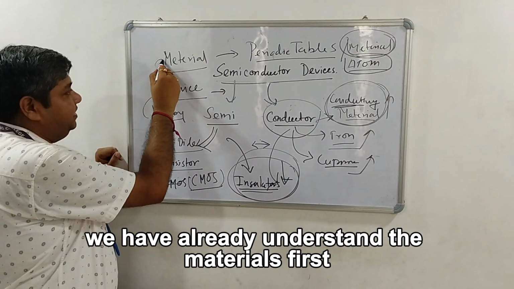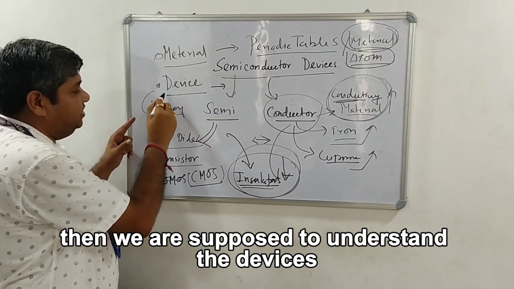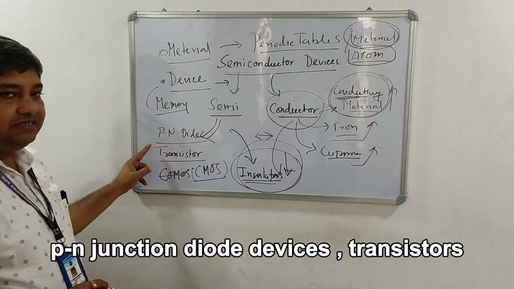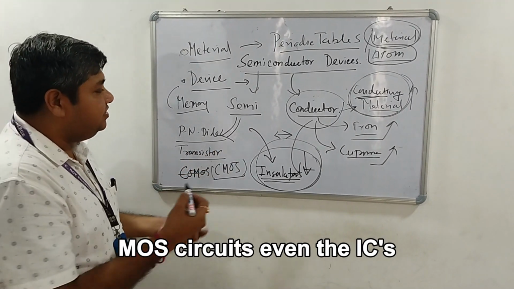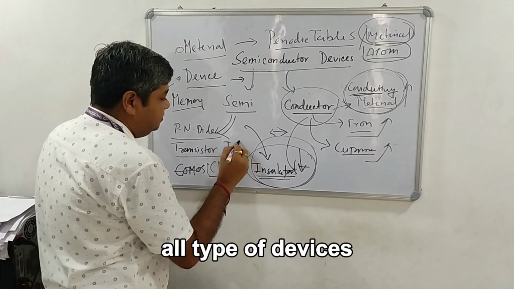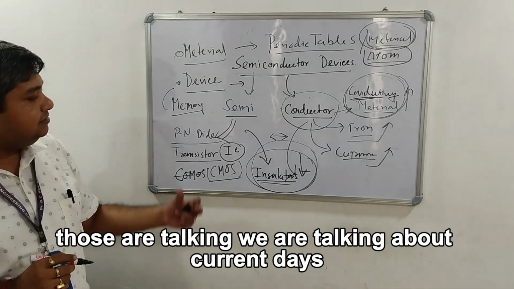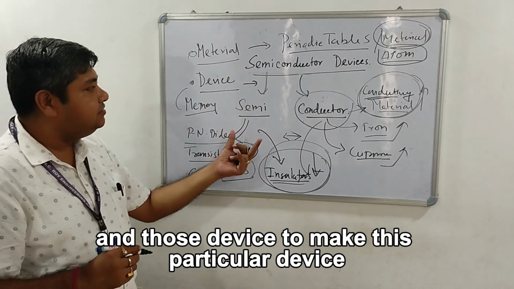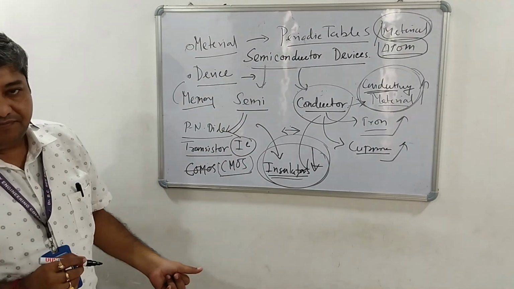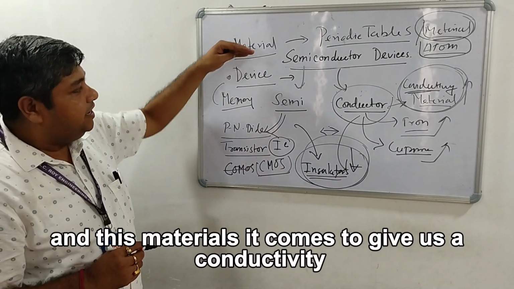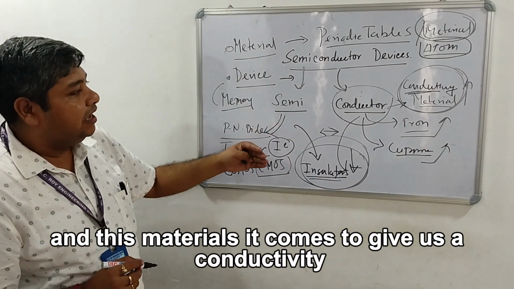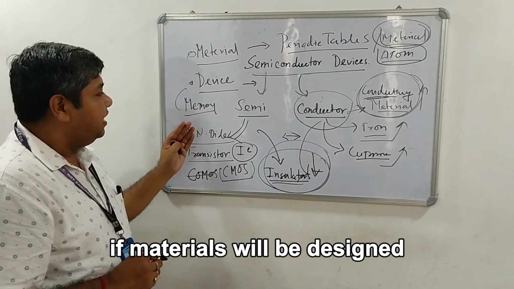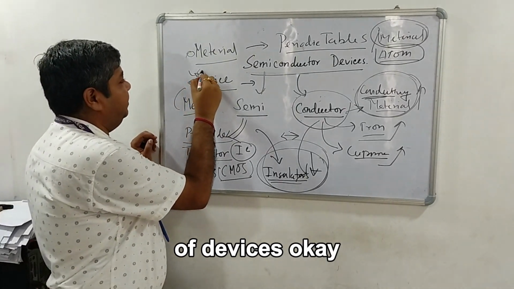We have to understand the materials first, then the devices: memory devices, PN junction diode devices, transistors, MOS circuits, even the ICs, all types of ICs. We are talking about current days. To make these devices, we need different types of materials, and these materials give us a conductivity. According to that conductivity, materials are designed and we create the different types of devices.